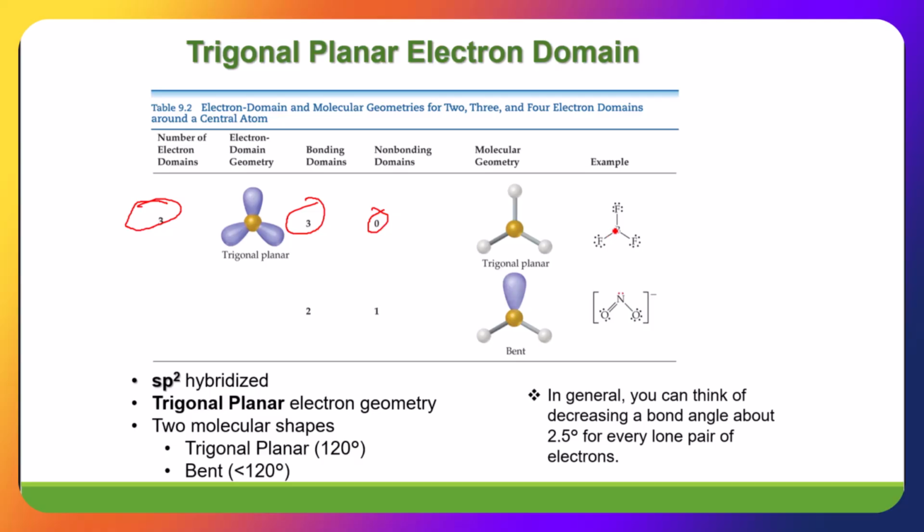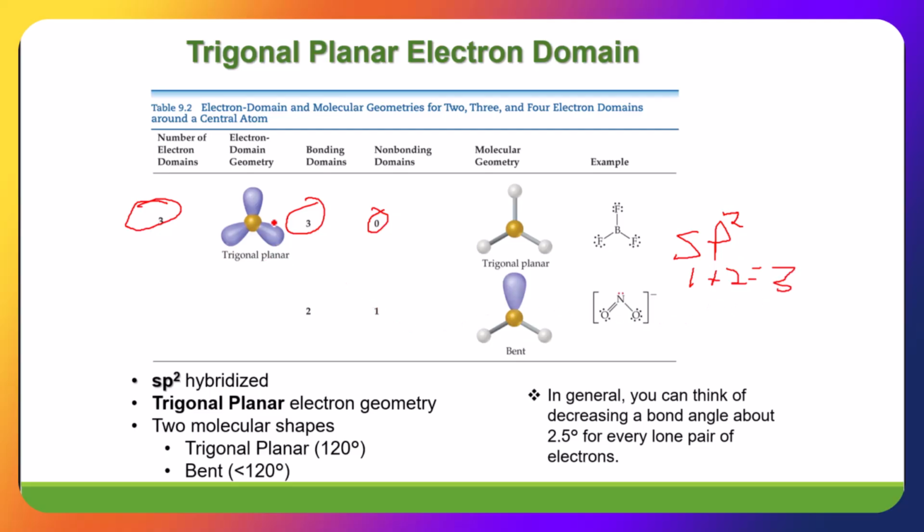So that's going to be sp2 hybridization. Remember, if it's sp2 and it's based on the electron geometry, it's 1 plus 2 equals 3.